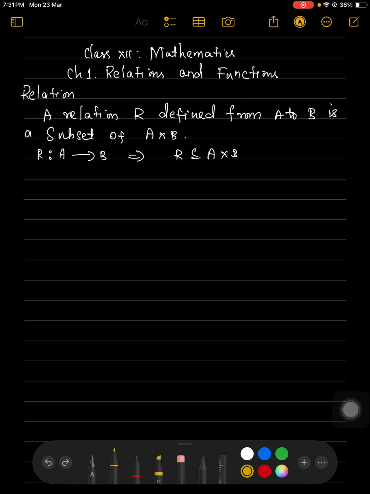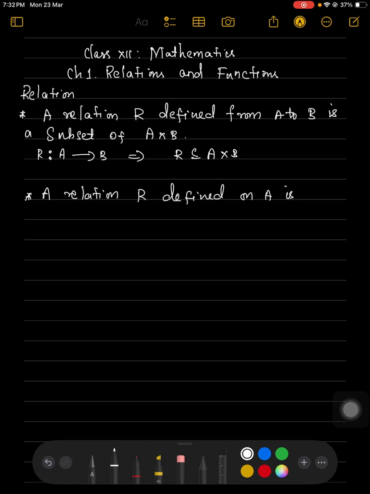Do we always need two sets to define a relation? Definitely not. So let's see the next point. A relation defined on A. This time I am not saying from A to another set. I have just mentioned on A. What is this?